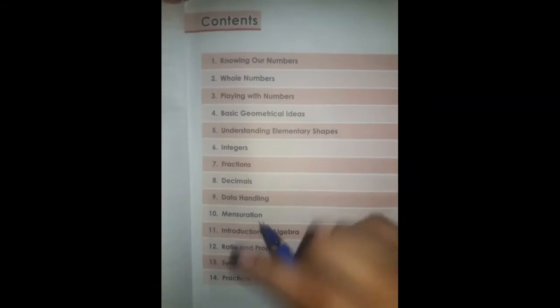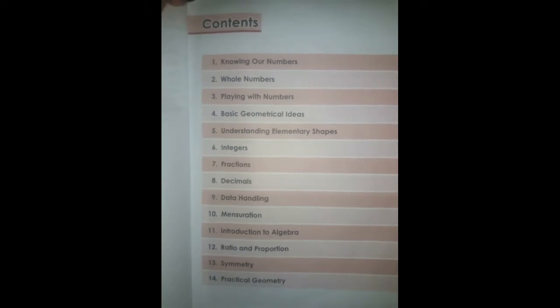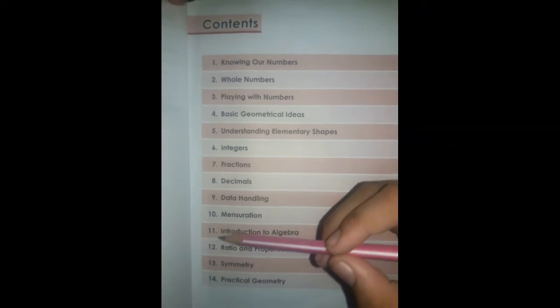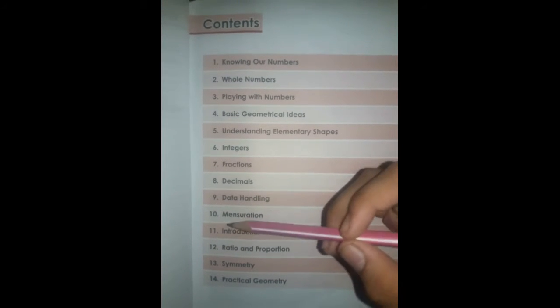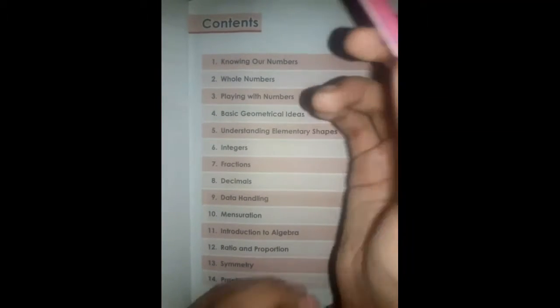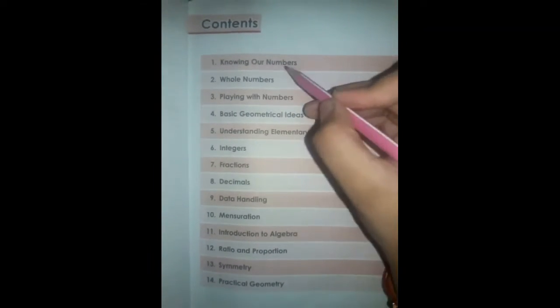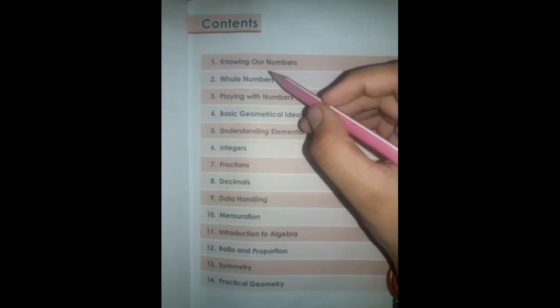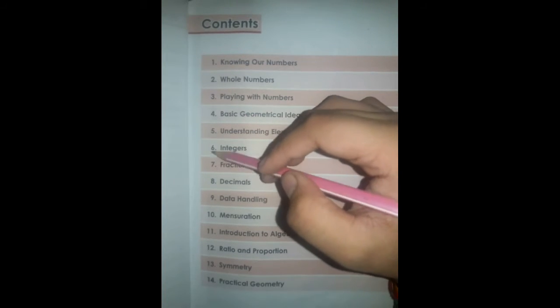So now moving on, maths. In our maths book, let me just open it. Index. Yeah, here you can see there are 14 chapters, which are knowing our numbers, whole numbers, chapter 3, chapter 4, 5, 6, 7.